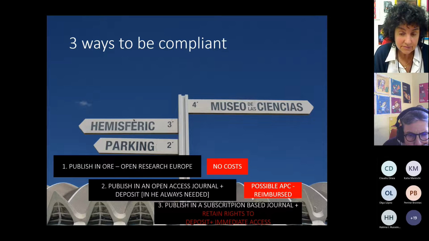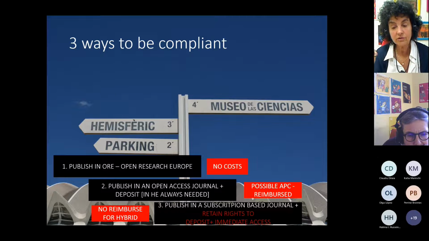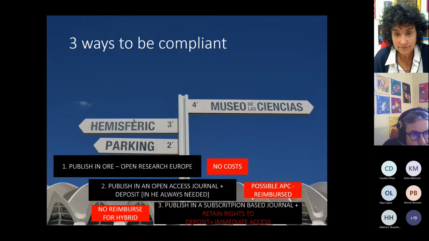If you publish in a subscription-based journal, then you have to retain the rights to deposit and to give immediate access. If you go for hybrid, you are not reimbursed, okay? So if you go to a subscription-based journal, and the publisher tells you, okay, you are funded by Horizon Europe, then you have to give immediate access, so we are giving you the hybrid option, the open option, so you have to pay. Say no, because in hybrid, you are not reimbursed.